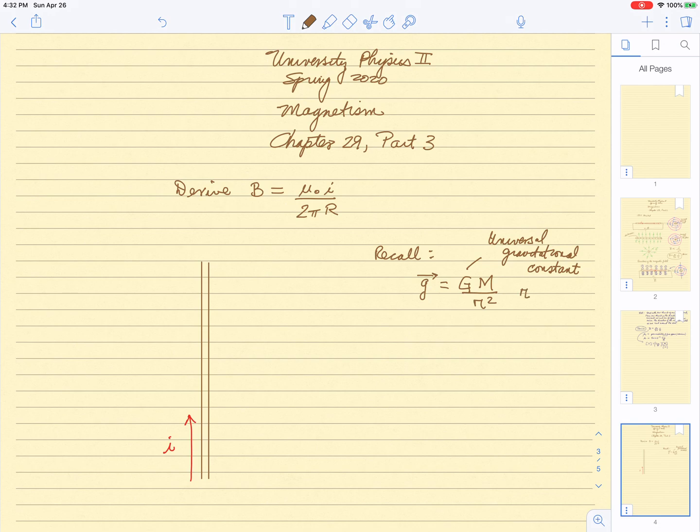This is good for R greater than the radius of the presumably circular object in question. If R is less than that radius, then we have to do a more complicated calculation. We know that E in magnitude was equal to 1 over 4 pi epsilon 0, magnitude of the charge over R squared.